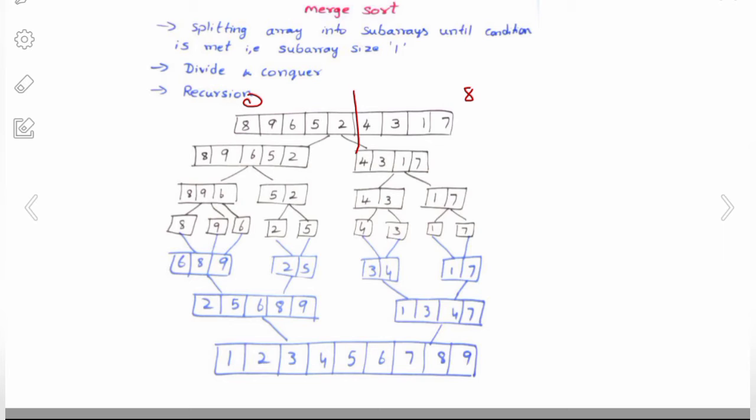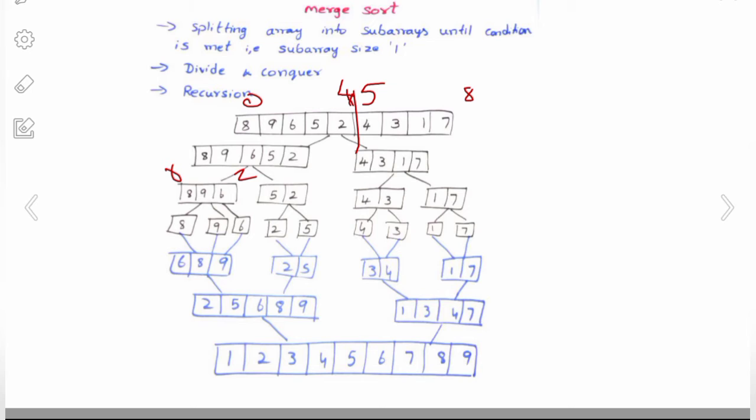So now again, 0 to 4 is there, which has the middle part, and 5 to 8, right? We are again going to divide the sub arrays into sub parts. So 0 to 4. 4 by 2 is 2. So 0 to 2. Up to the second position we divide these two parts and the remaining parts.